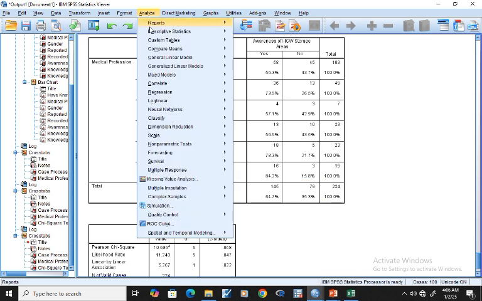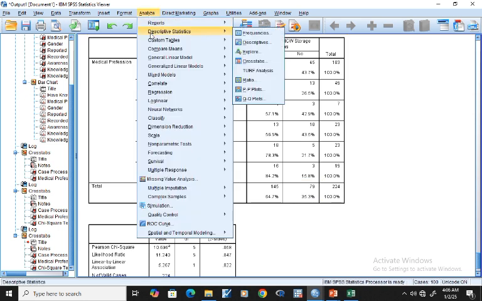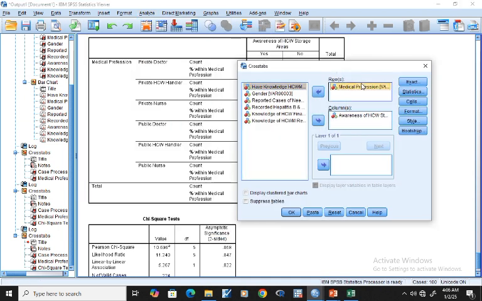Another important thing is when we are performing 2 by 2 cross tabulations.